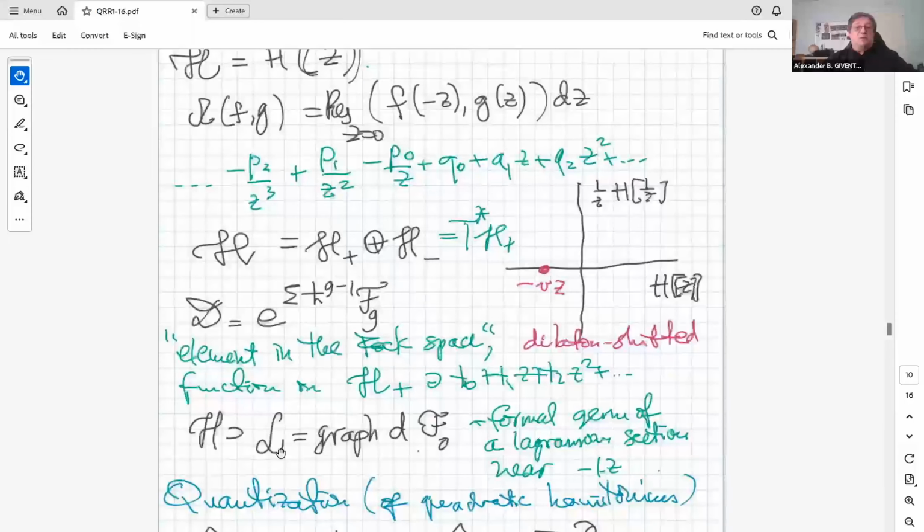And it will be denoted L. Therefore, if we consider only the genus 0 theory, then we don't need quantization, just some germ of a Lagrangian section which captures genus 0 invariants, and it is in that symplectic space.